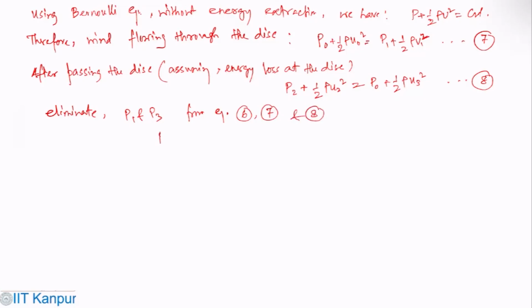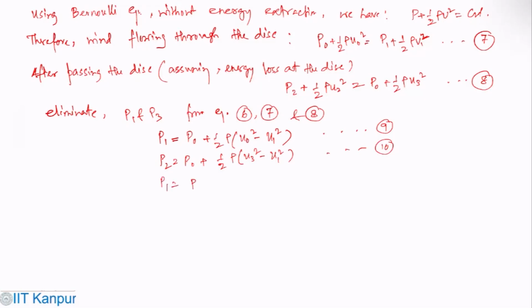What you get: P1 equals P0 plus half rho (U0 square minus U1 square). This is 9. P2 equals P0 plus half rho (U3 square minus U1 square). This is 10.